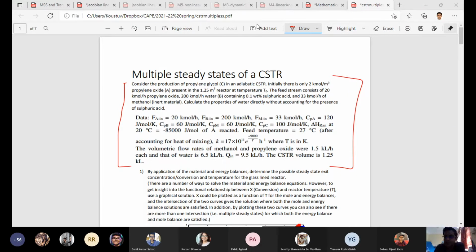Soham, any questions? Others, Kumar? Aves Akhtar?